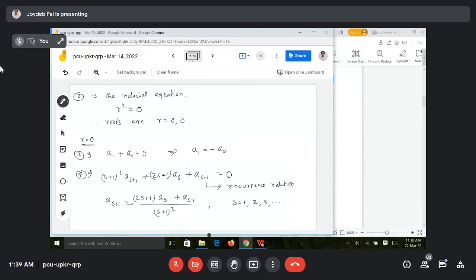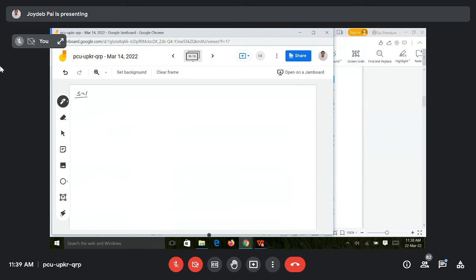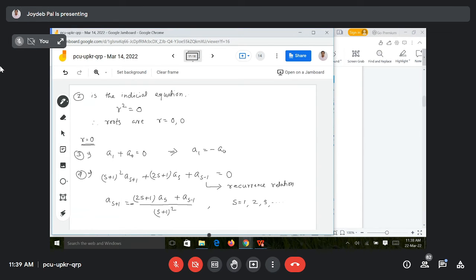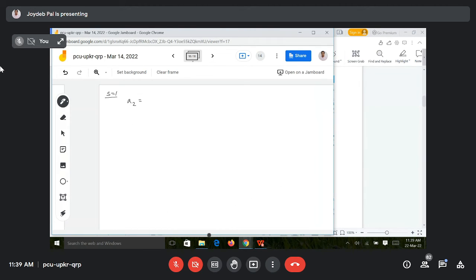Then it will be a2. So a2 is equal to 3a1 plus a0 by 2 square, divided by 2 square means 4.